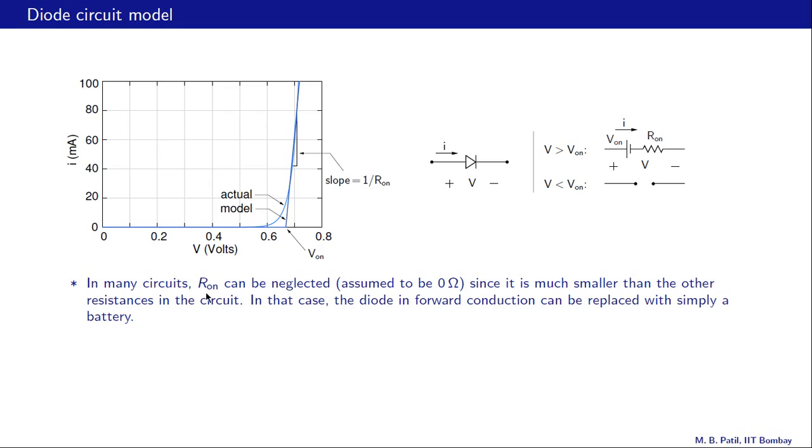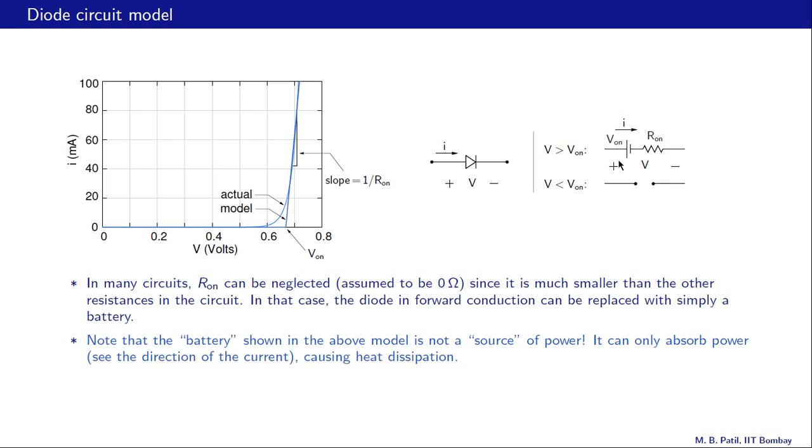In many circuits, this R on can be neglected because it's very small, much smaller than the other resistances in the circuit. So in that case, we can simply replace this R on with a short circuit, and then the diode in forward conduction can be replaced with simply a battery, this part here.